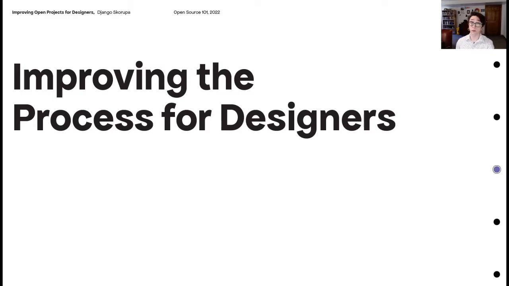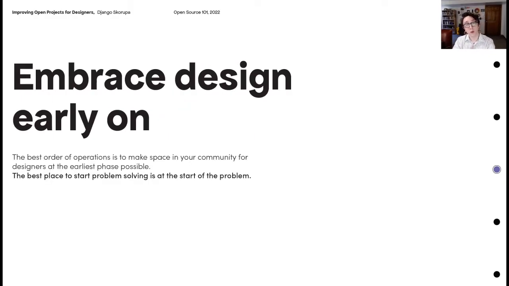Let's improve the process for designers. First off, we need to embrace design early on. The best order of operations for anything that you could do on a project is to make space in your community for designers at the earliest phase possible. When you are on the drawing board of drawing boards, brainstorming exactly where the scope of your project should lie, try and get designers with you.